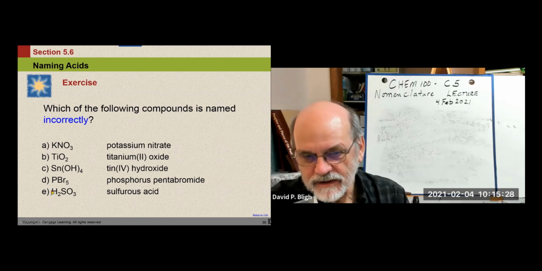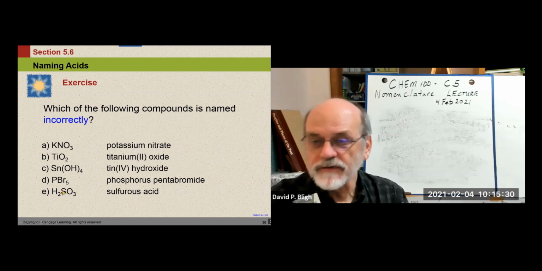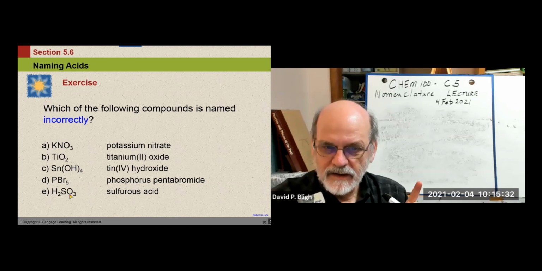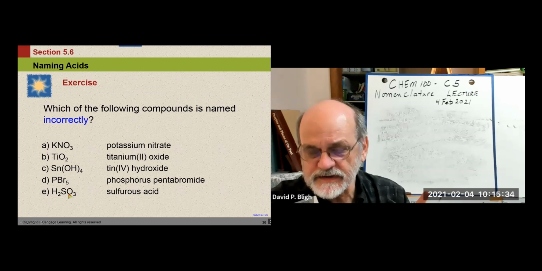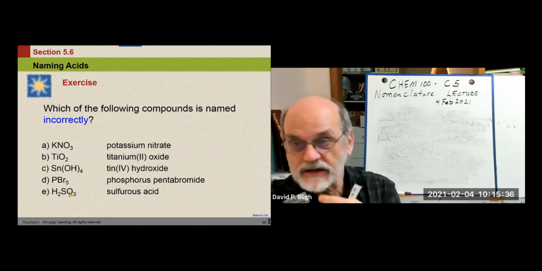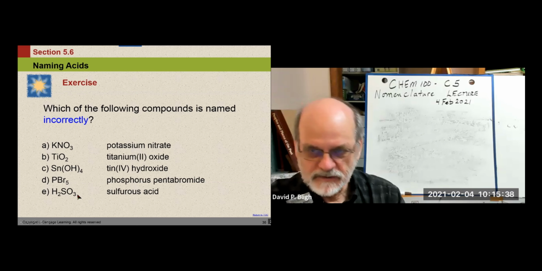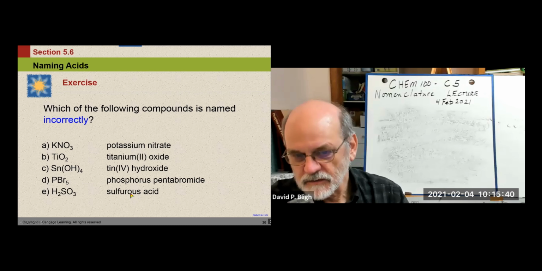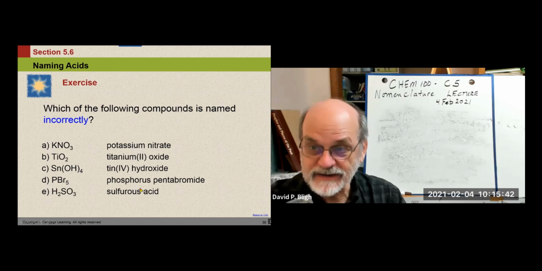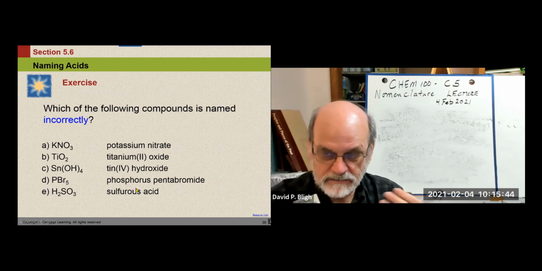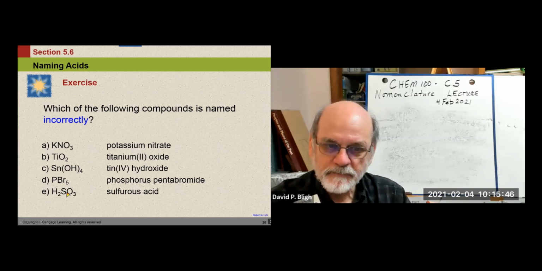Now we have hydrogen leading off. This is an acid. We have to assume, of course, that this is in solution. It doesn't say that it's in solution, but since we're comparing it to an acid name, we have to assume that it's in solution.